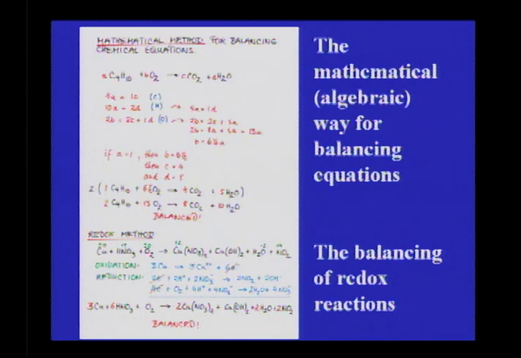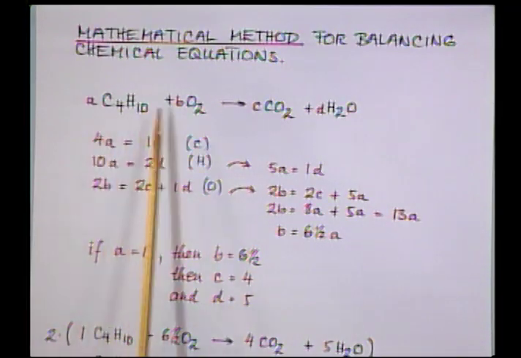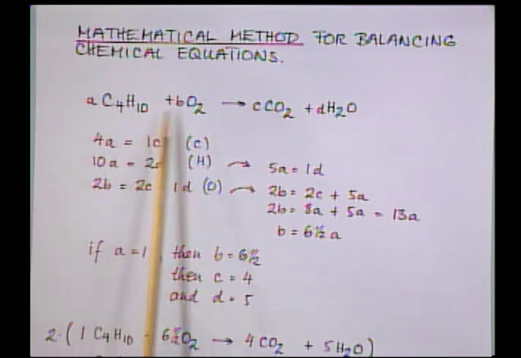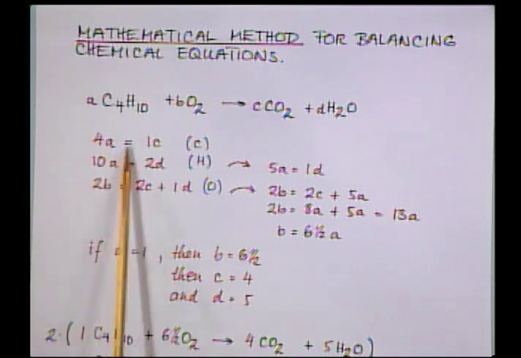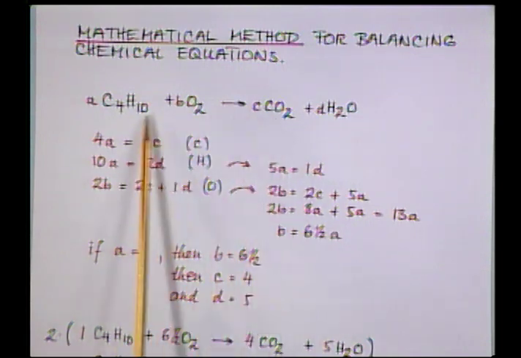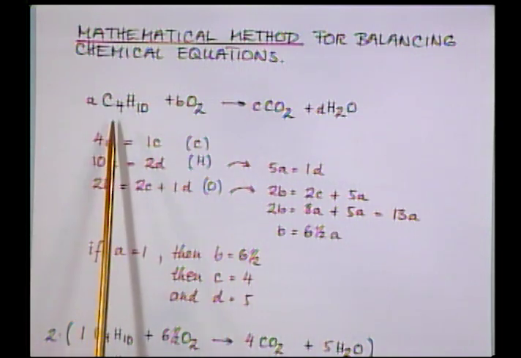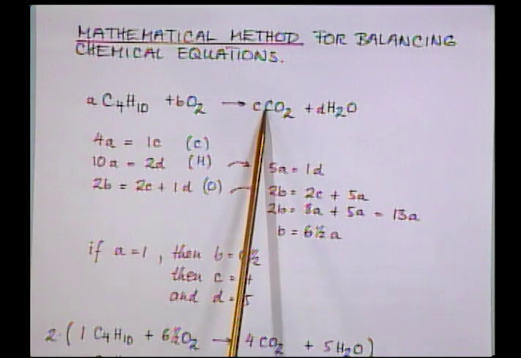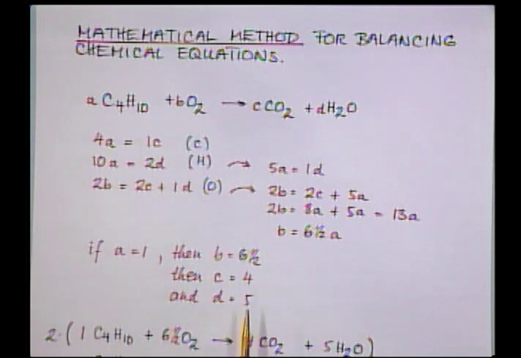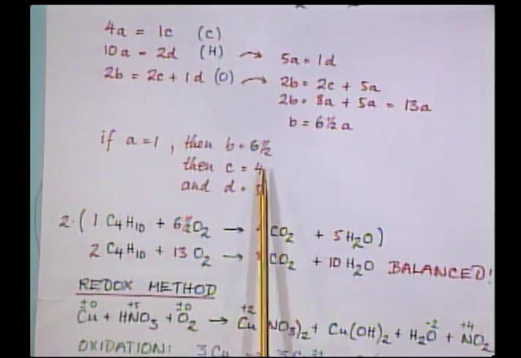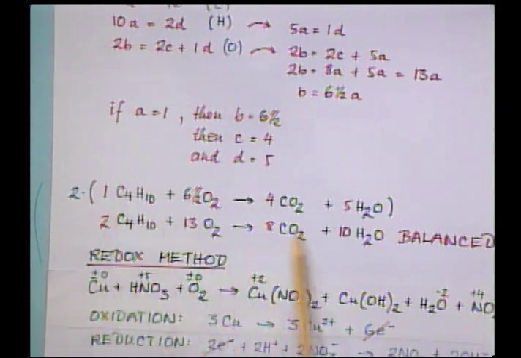We have here our equation, and we put A, B, C, D as unknowns in front of the individual chemicals, and we make equations for each chemical. For instance, 4A based on carbon is equal to 1C, and so forth. And then algebraically, we can find the right coefficients.